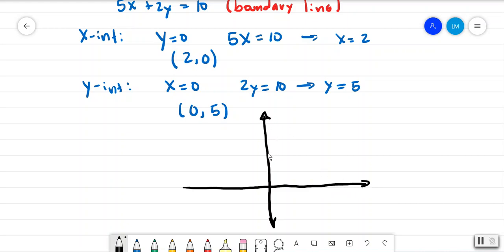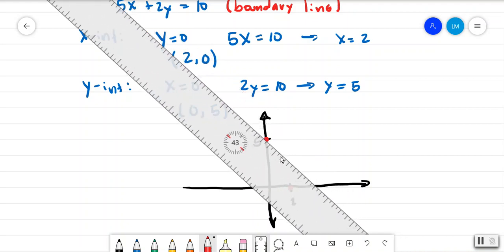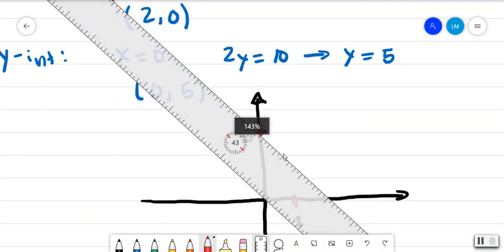Of course, we have 2, 0, and then 5, 0 right there. Now we need to form the boundary line. The boundary line just has to pass through 0, 5 and 2, 0. Let's go ahead and do that.